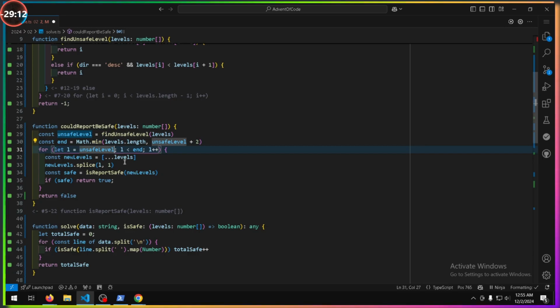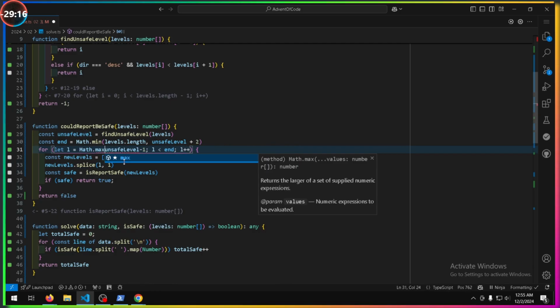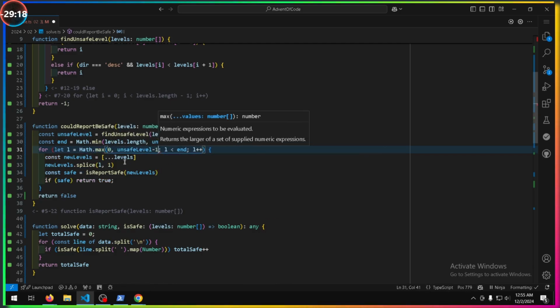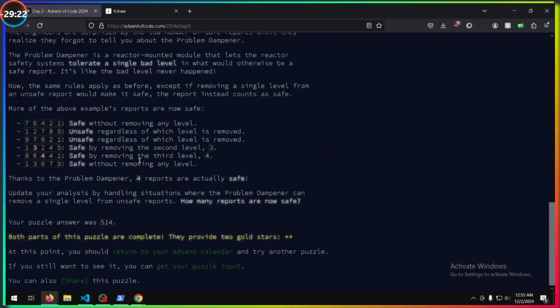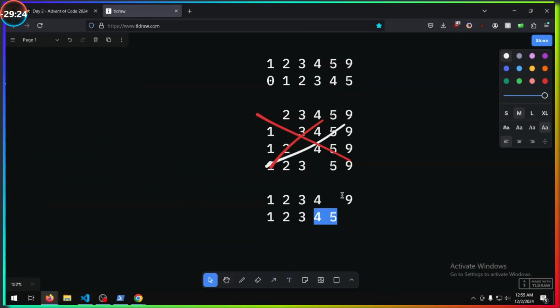Minus 1, max 0. I kept describing it, but I was like, oh, it's not a problem. This was the thing I was trying to describe. So in this case, it was 4, and I was like, okay, great, we can start at the 4. But I wanted to start before it, which is why I put the max in there. But I never put the minus 1.